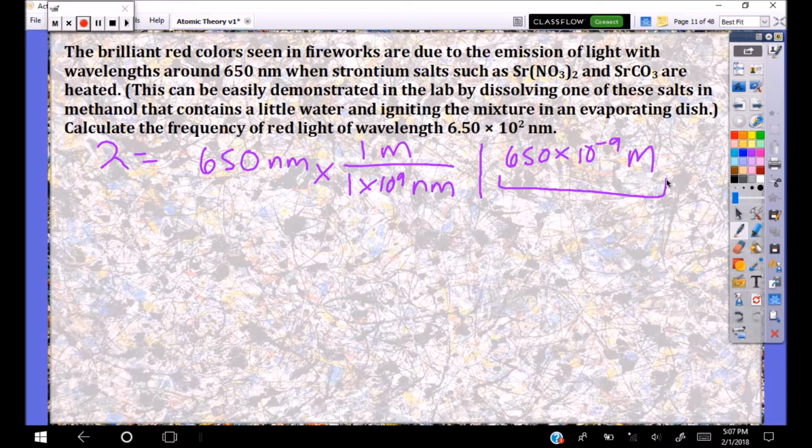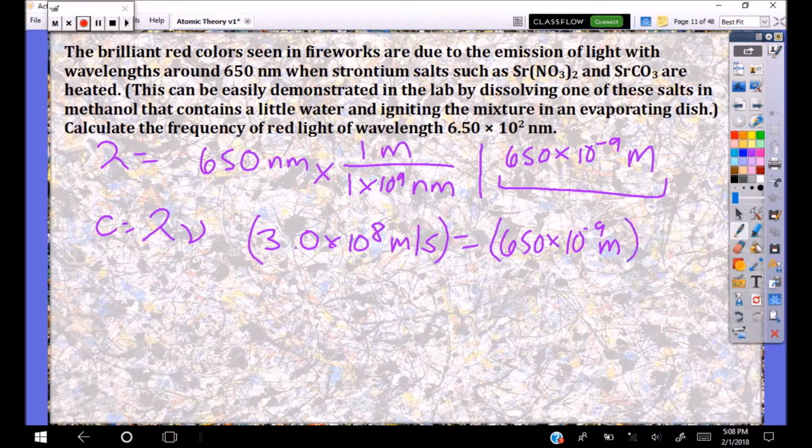We know that c is equal to lambda nu, so we have 3.0 times 10 to the 8th meters per second, and that's equal to our wavelength, 650 times 10 to the negative 9th meters, times our frequency nu. So we just solve for nu.